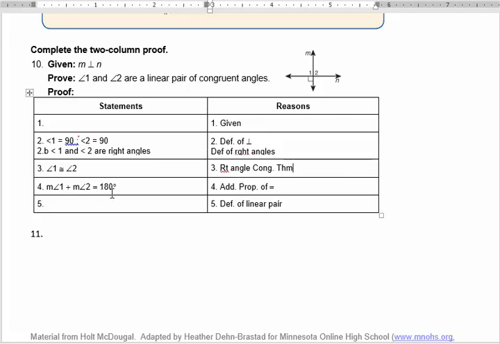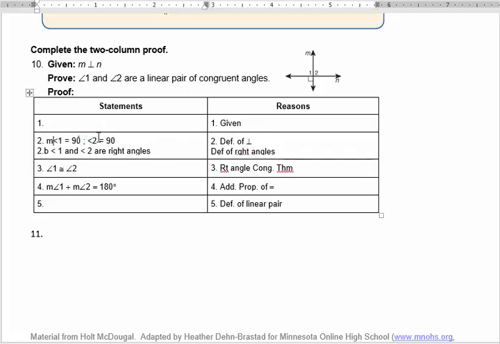All right, then I wrote that measure of angle 1 plus measure of angle 2 equals 180 degrees. Well, we have given this picture. And this picture shows that these two angles form a straight line. So I can go ahead and add measure of angle 1 plus measure of angle 2 together to get 180, or I can just say I can use these two things.